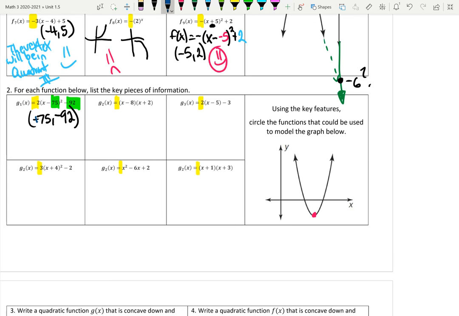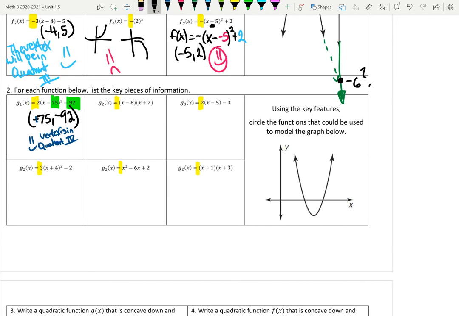Notice the big difference in that, x minus 75. So 75 down to -92. Since there are no numbers, this can be a potential solution. The vertex is in quadrant 4, matching the picture.